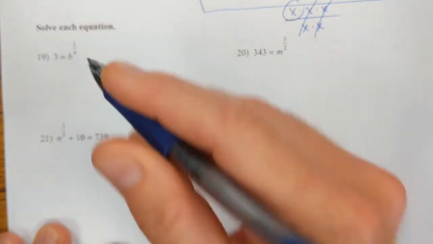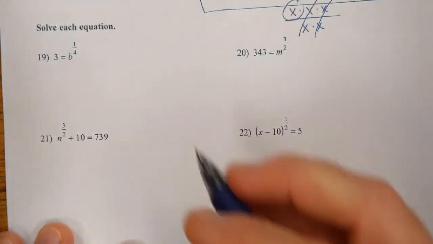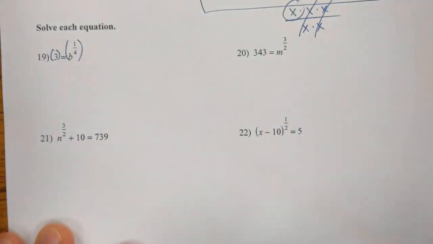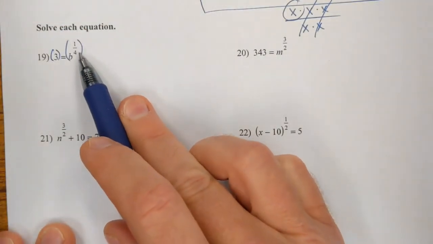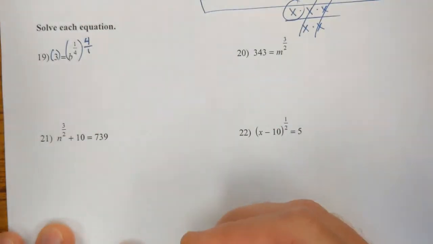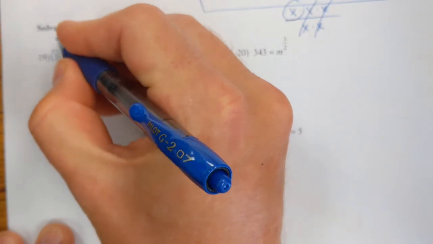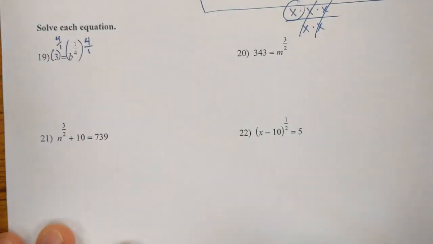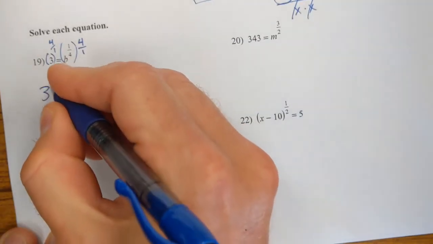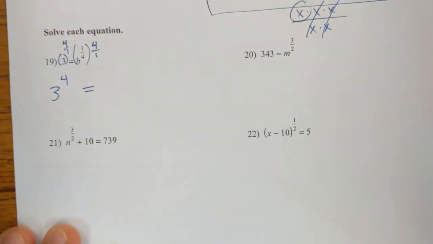If I want to solve for b, a really clever way you could do this is I'm going to multiply both sides of this equation by the reciprocal of 1/4. I'm going to multiply both sides of this by 4, or 4 over 1. Okay, so over here, 3 to the 4 over 1 power. You can just write that as 3 to the 4th power, same thing.